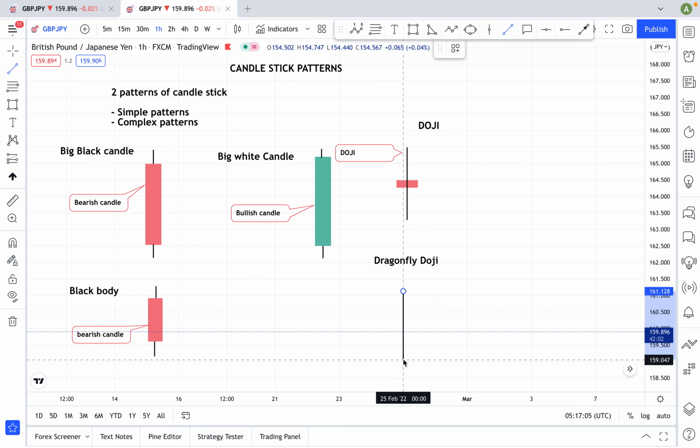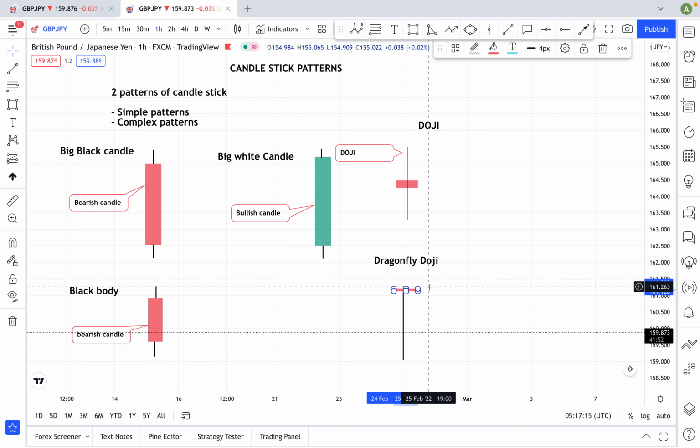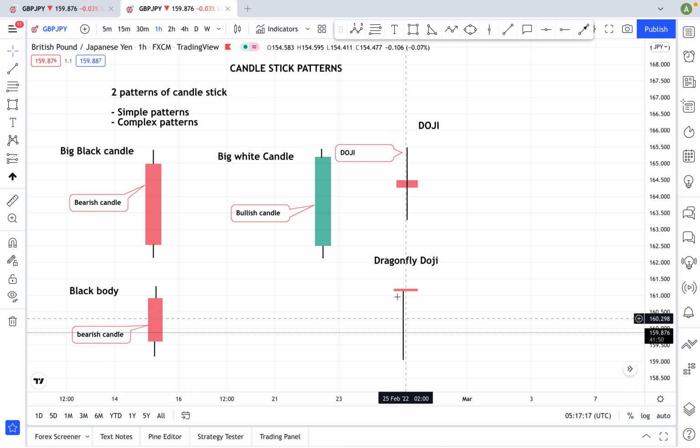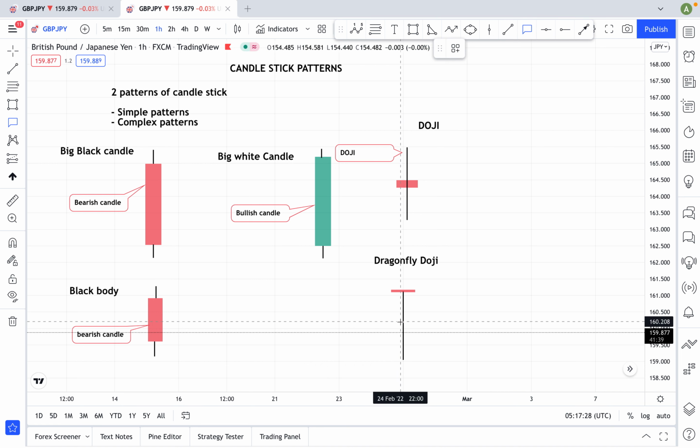Please, guys, follow up, practice this, check your chart. You're going to see all these candles that I'm mentioning. When you see something like this in the market, it is considered a reversal candle, because it's signifying that there's going to be a reversal in the market.